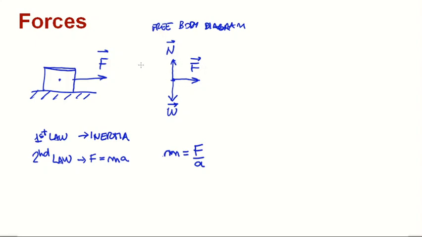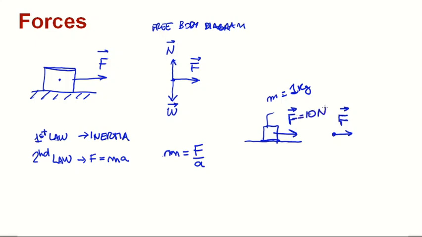So, for example, in this first example that we had here, this same block again, and I've got this force to the right. So the forces up and down are canceling out. So my free body diagram is simply an arrow to the right. And if you were told that the mass of this object is 1 kilogram and this force is 10 newtons, we could find out the acceleration, right?